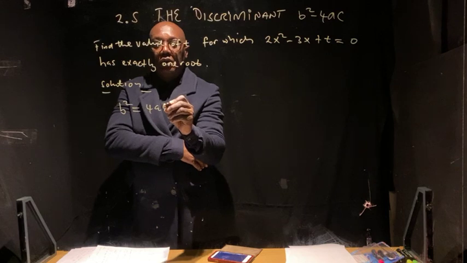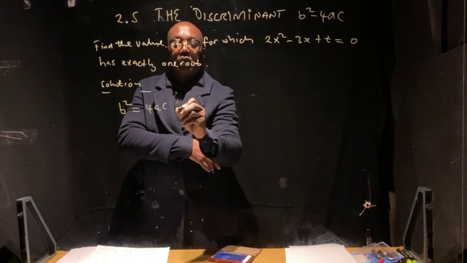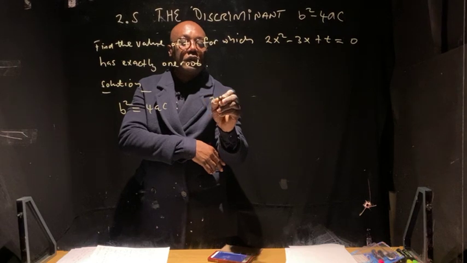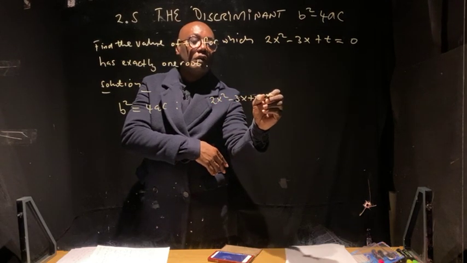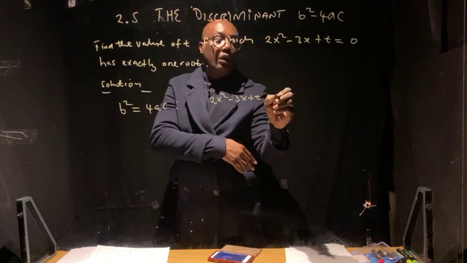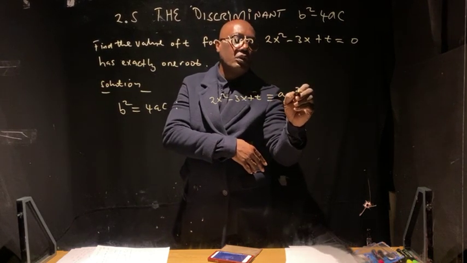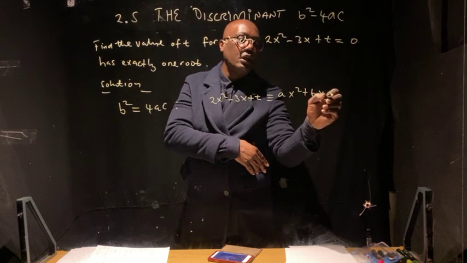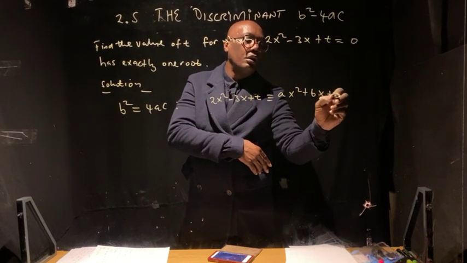Good. So you pick up the quadratic equation, which says that 2x squared minus 3x plus t equals 0, being compared to the general quadratic equation ax squared plus bx plus c equals 0.